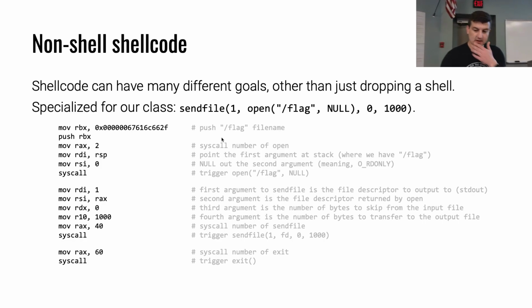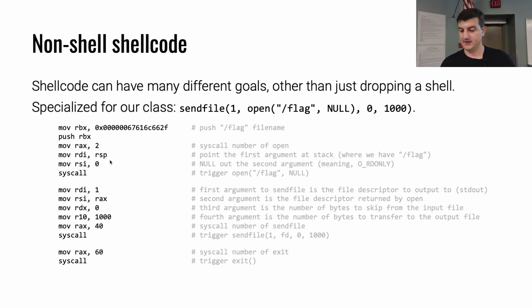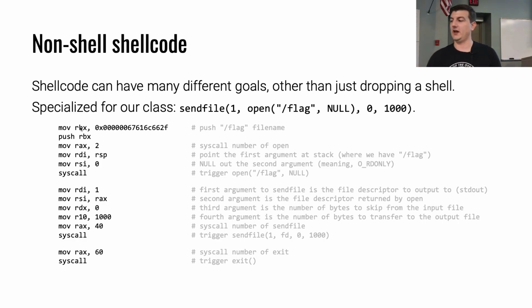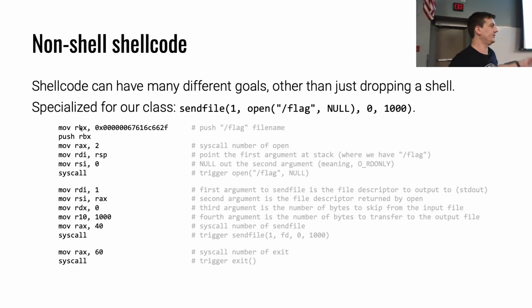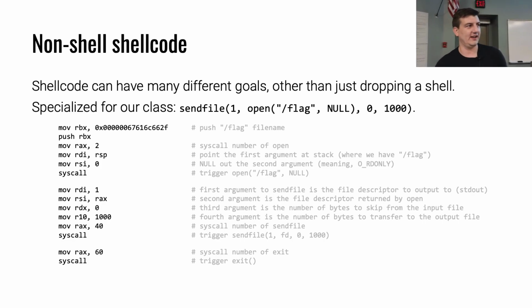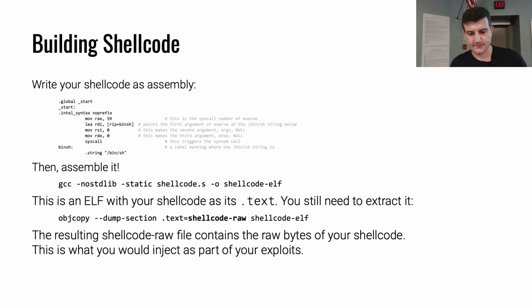You can step through this, but this should look very similar. I remember debugging your assembly code with some of you in recitations. It looked very similar to this, right? Doing and building a web server, you're just doing system calls. This is exactly what shellcoding is. You're just doing it to achieve exploitation rather than to build a web server.